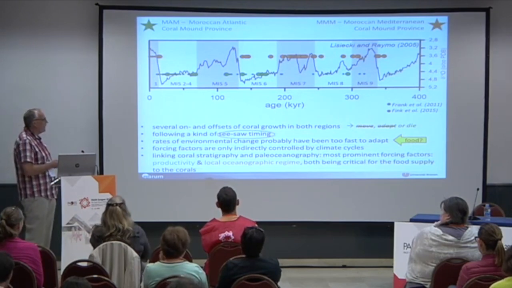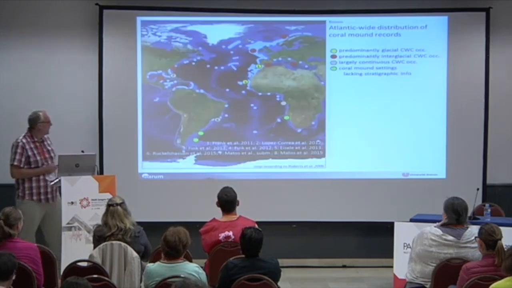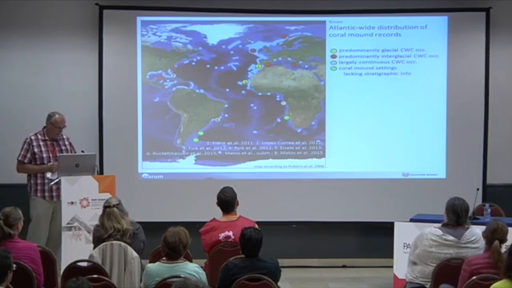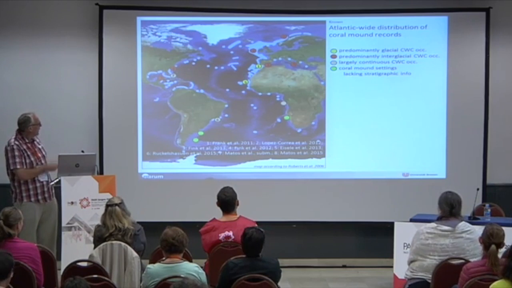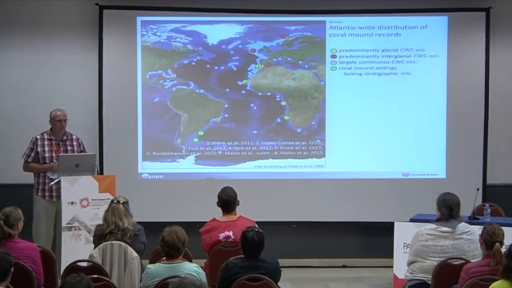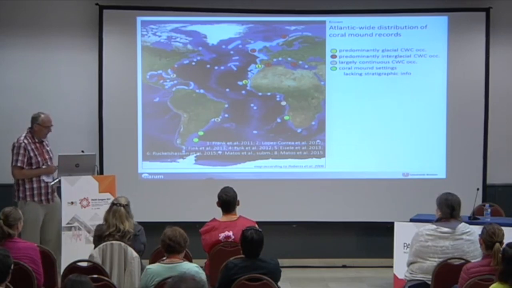Well, the seesaw timing we see at this site is something we also see at different sites. That is an overview about what we know about these long-term records of the cold water corals. The map in the back, all the blue shadings shows you where corals have been found. Well, that's from 2006. We know a bit more by now.